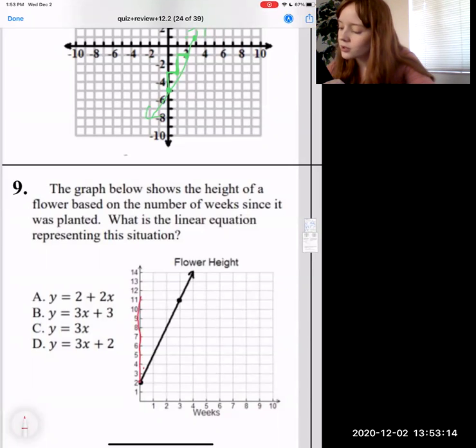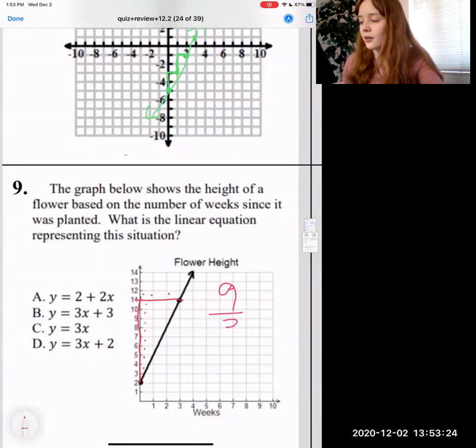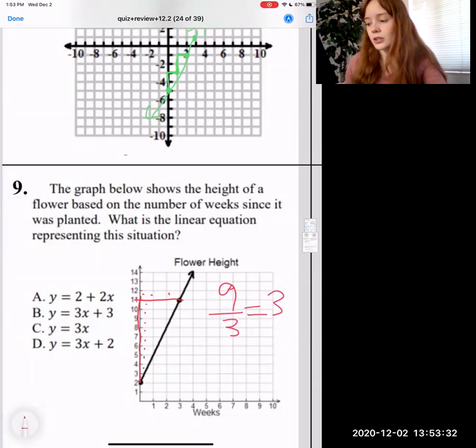You can count 1, 2, 3, 4, 5, 6, 7, 8, 9, and 1, 2, 3. So our rise is 9 and our run is 3, which is 9 over 3, which is 3. So we know our slope is 3, so A doesn't work. And our y-intercept is 2. So to write that equation, that would be D.